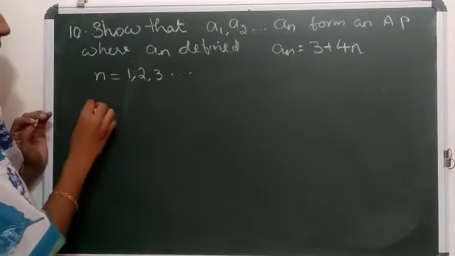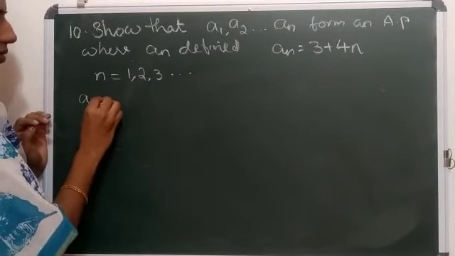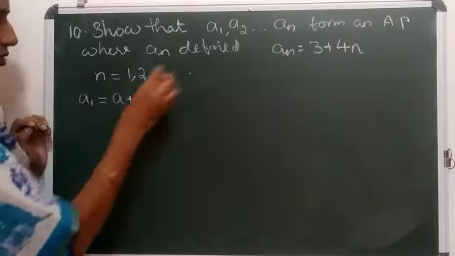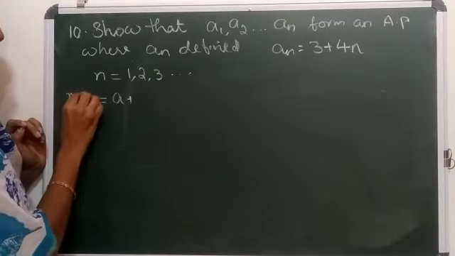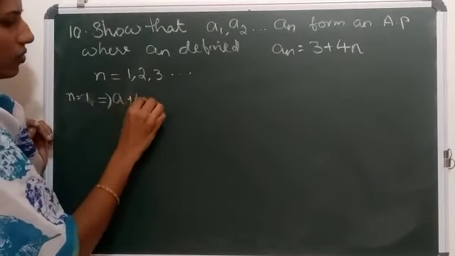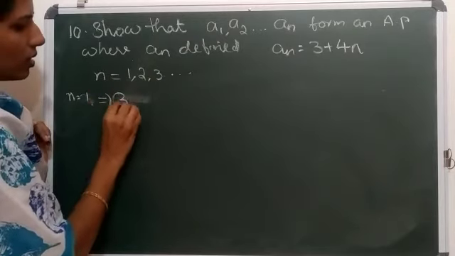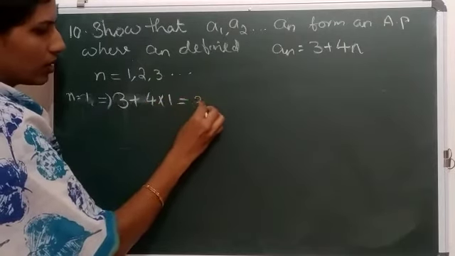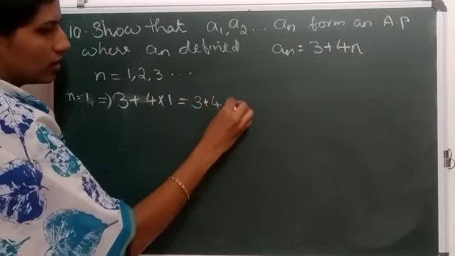When we apply n equal to 1, we will get 3 plus 4 into 1, which is 3 plus 4, 7.